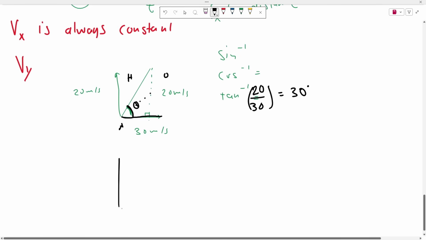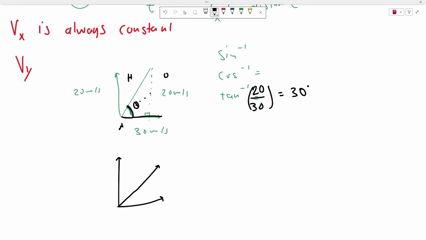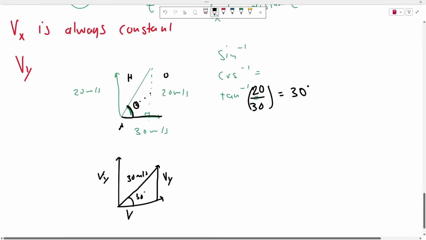You could also have a problem dealing with trig where they'll say that it's launched at 30 meters per second, 30 degrees above the horizontal. Find the vertical component of the velocity, or Vy. So again, you know that Vy is here, technically here, and Vx is technically here.